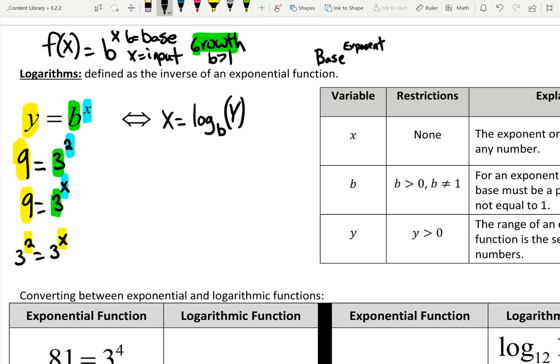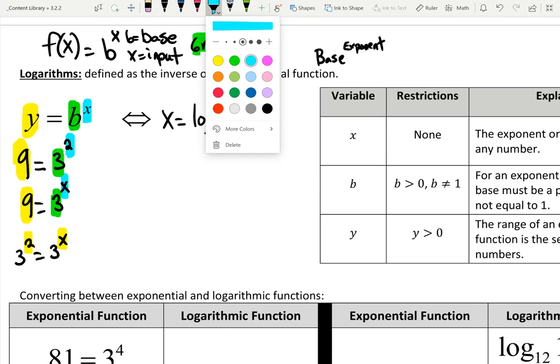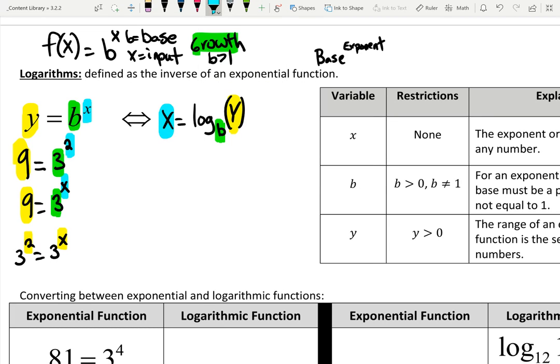So, if I replace everything in the same spot, I know that y goes here. I know that b, my base, is the base of the log, and my input, or my exponent, is all by itself.